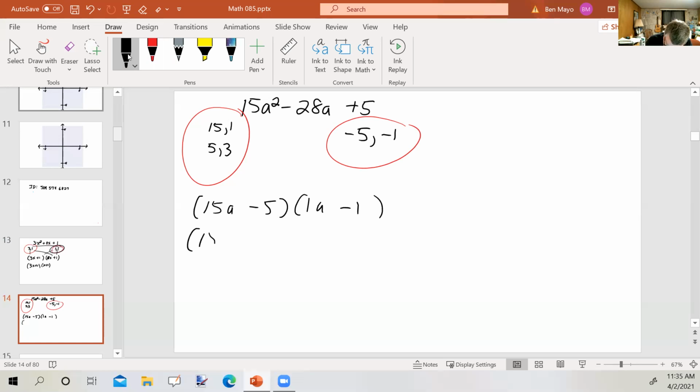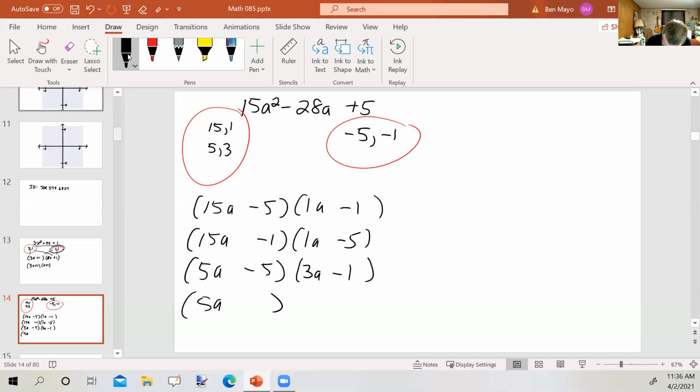Or I could have 15a and 1a and -1 and -5. Or I could have 5a and 3a and -5 and -1. Or 5a and 3a and -1 and -5. So these are the different possibilities.